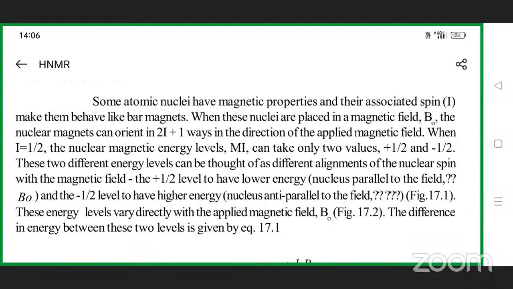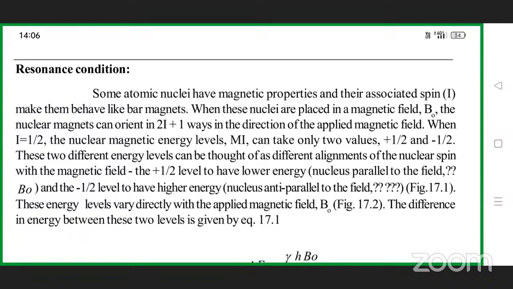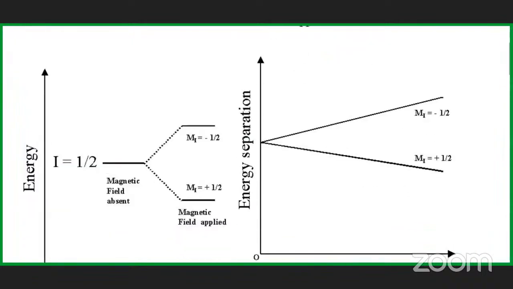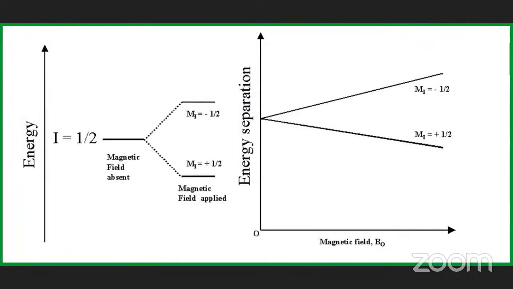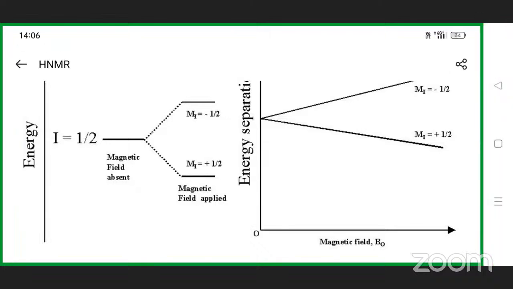Basically, in a compound, the nuclei in the ground state are oriented in a random manner. It is disordered; they are all in a disordered nature here.